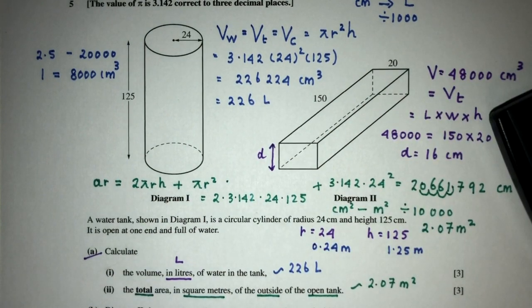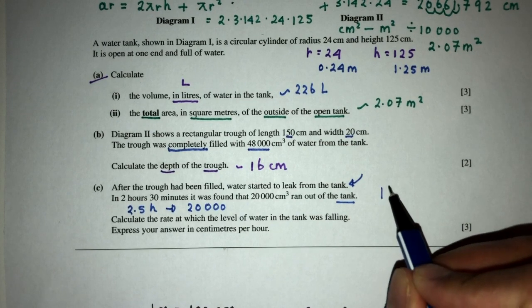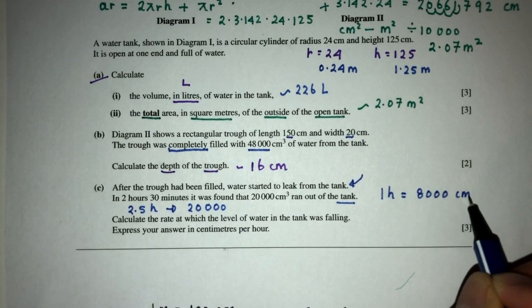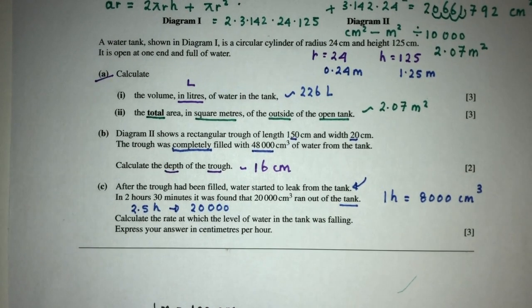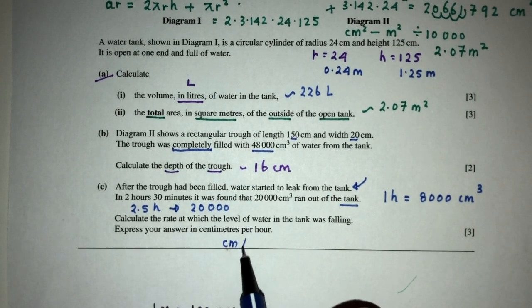Okay, that's the first step. So in 1 hour we derive that we're losing 8,000 centimeter cubed of water from the tank. Now the question: calculate the rate at which the level of the water in the tank was falling. Express your answer in centimeters per hour.